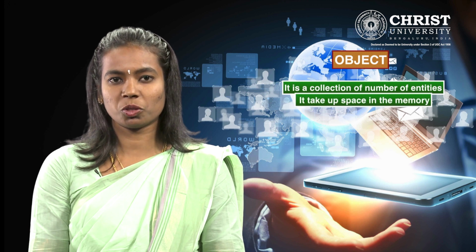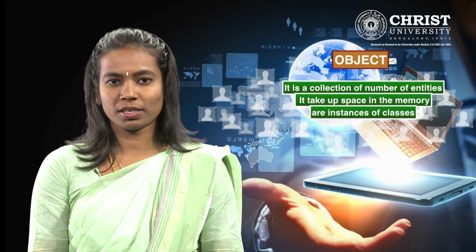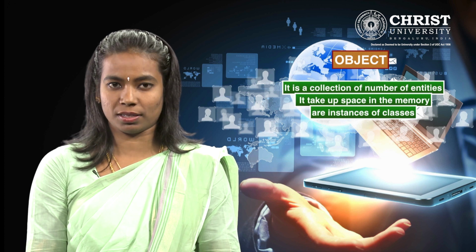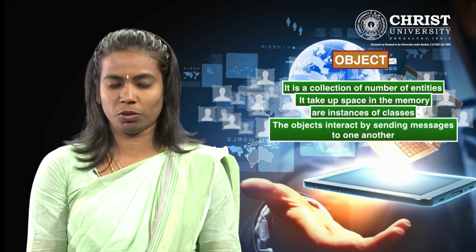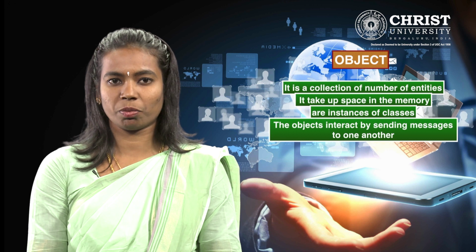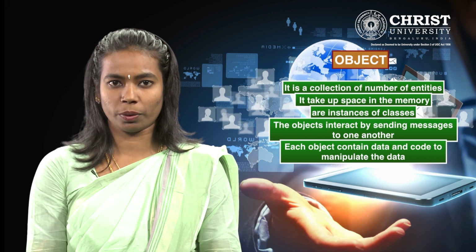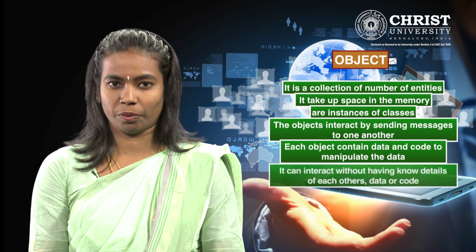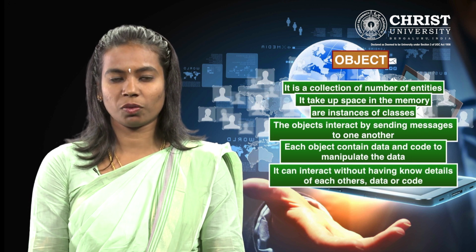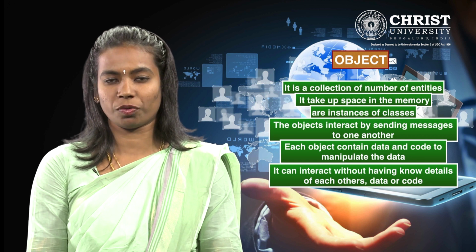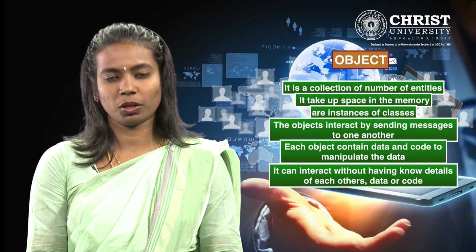Objects take up space in the memory. Objects are instances of classes. When a program is executed, the objects interact by sending messages to one another. Each object contains data and code to manipulate the data. Objects can interact without having known details of each other's data or code.